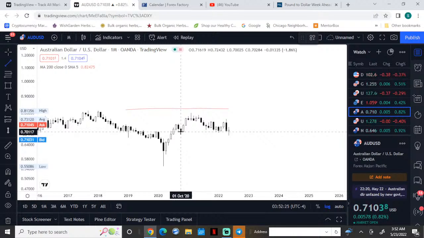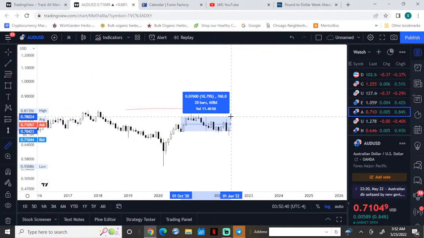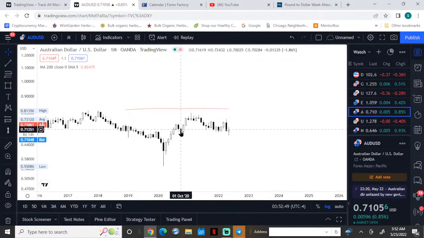So we are currently, this is very little movement since November 2020. I mean, it's a lot, but it just looks like a little. It's in a 760 pip range. It's really not that much, especially for months.